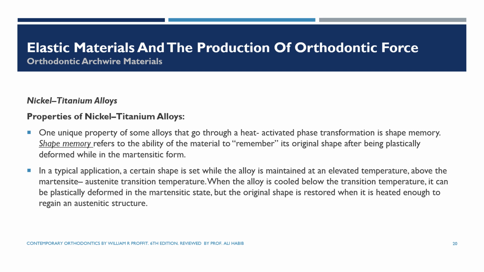So this will allow you to fit the wire, any cross section of wire, even thick wires, you can fit them in while they are soft. So when the temperature increases to mouth temperature, which is 37, the wire will try to restore its original shape and go back to the austenitic stage or state.